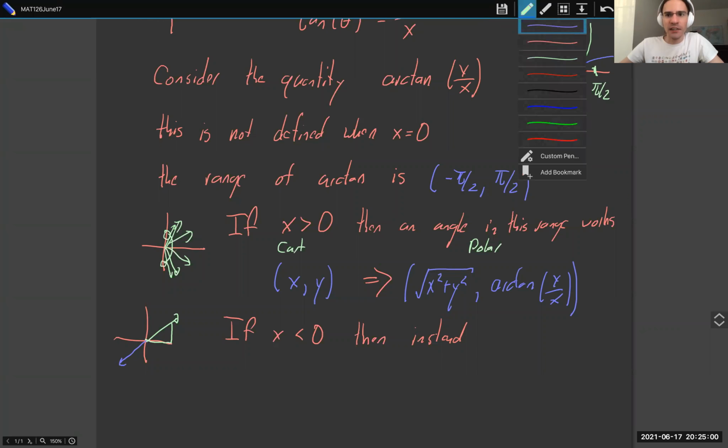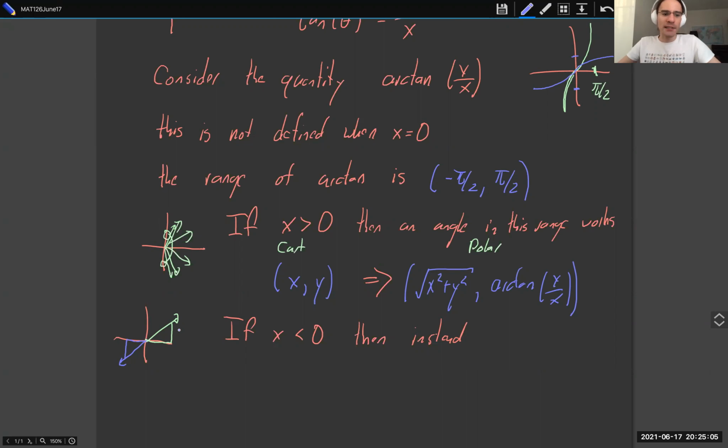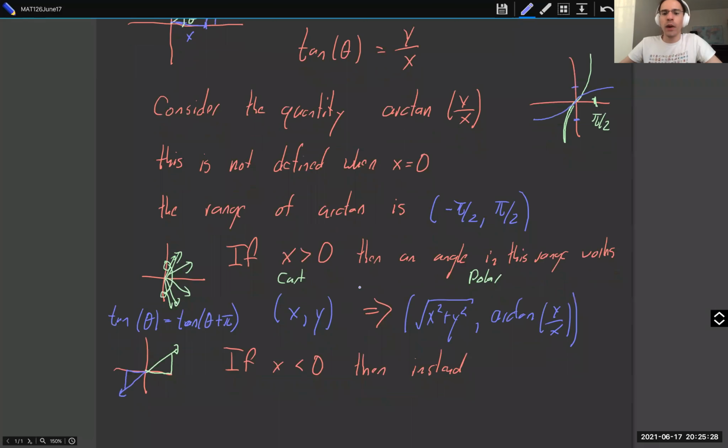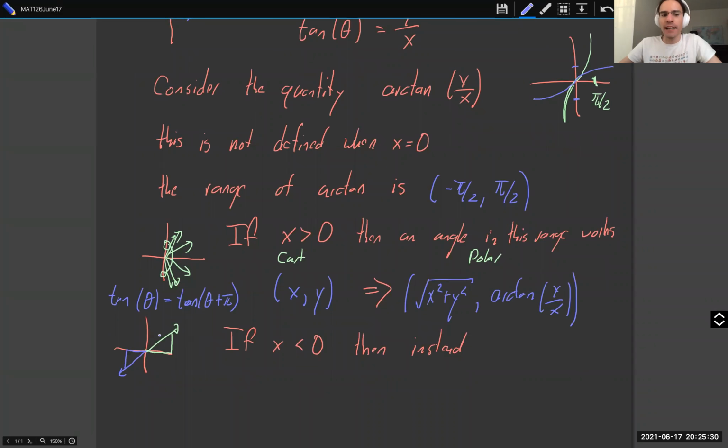And the tangent right here is the ratio of these two sides. But both of these sides change by a sign, right? So in general, tan is periodic with period pi, right? So tan theta is equal to tan theta plus pi. So when I consider the angle arctan y over x, if x is less than 0, then I'm actually getting the antipodal angle from the angle that I want.